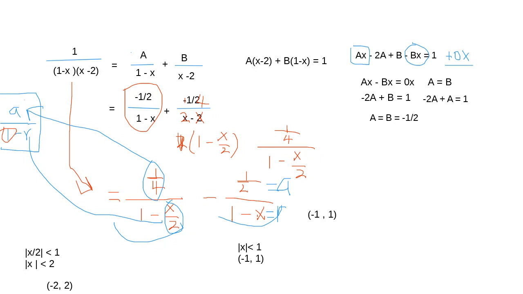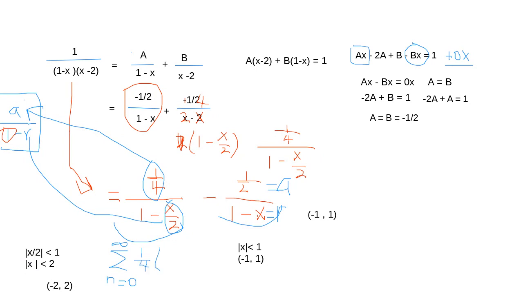Now, how do we write this function? So the first one, how do we write it? We write it as a summation, n starting from 0 up to infinity. The first term we want to be a quarter.